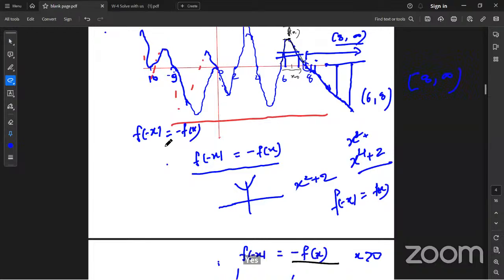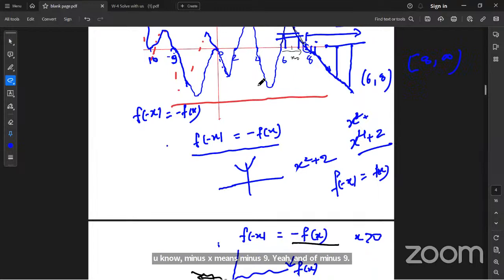Both arguments are equivalent to each other. Now just see, is this function symmetric to the origin? Here minus x means minus 9. Here f of minus 9 is equal to... you just directly see.